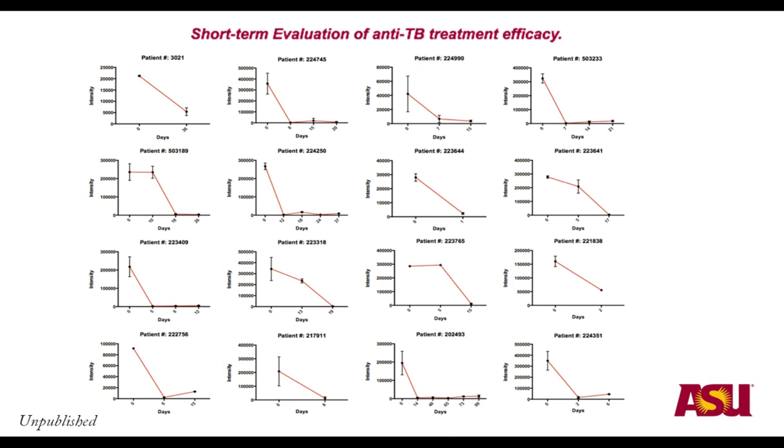The local hospital helped us collect patient samples over days, and in most patients we can detect a rapid decline of blood antigens. This is really worthy of further study, to evaluate if it can closely track treatment efficacy or TB recurrence.